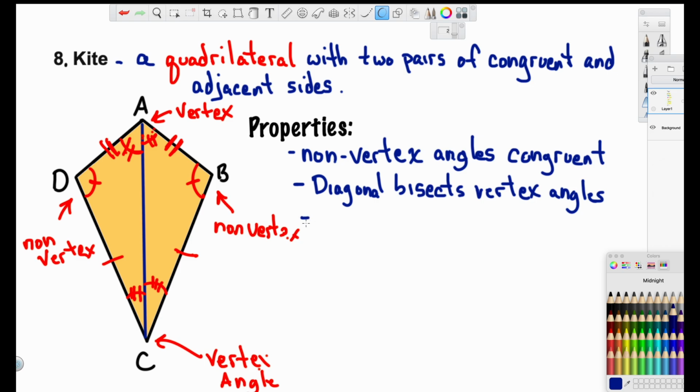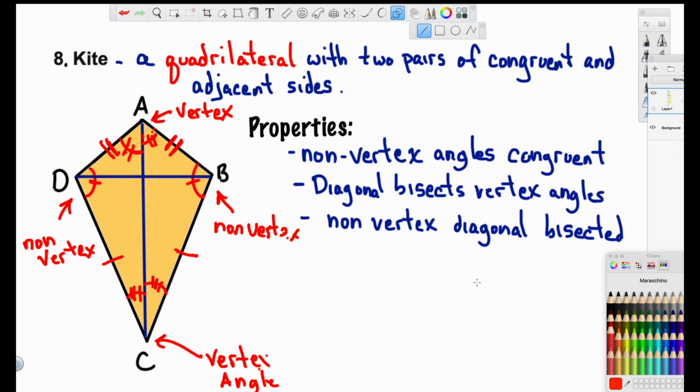Okay, and the two diagonals are also going to form a perpendicular, and the non-vertex diagonal right here, BD, is going to get bisected by that vertical diagonal. So I got to put my 90-degree angle here on the diagonals to show that they are perpendicular.